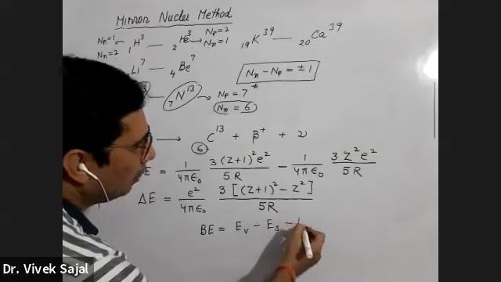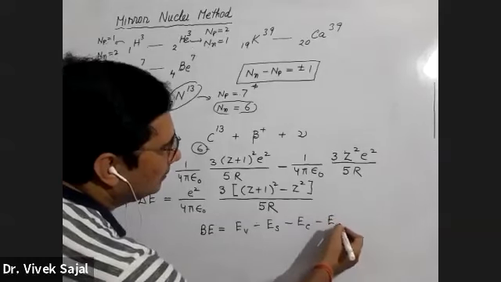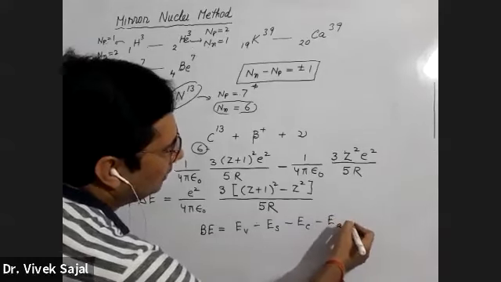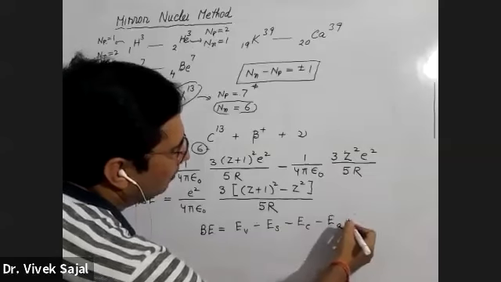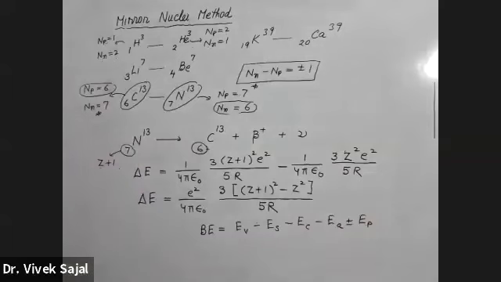Third is Coulomb energy. Next is asymmetry energy. And last one is pairing energy, which will be plus minus EP. So binding energy is made up of these 5 components.